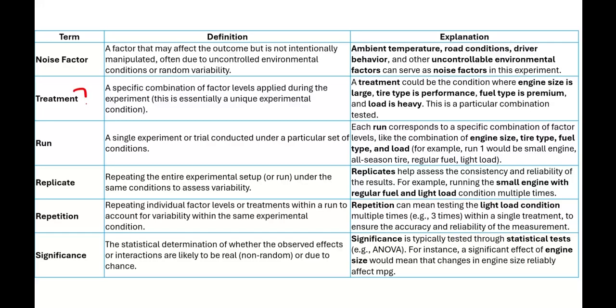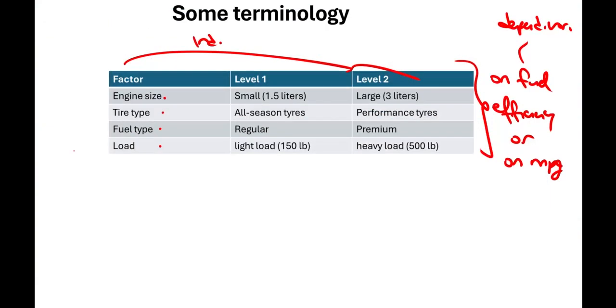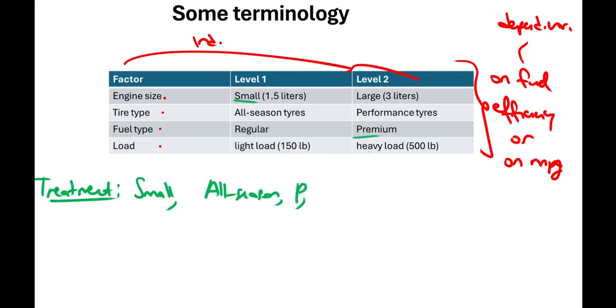And then we have the treatment and the run. Let me give you one example for the treatment. For example, we can take the engine size as small, the tires as all season, fuel type as premium, and load as heavy.